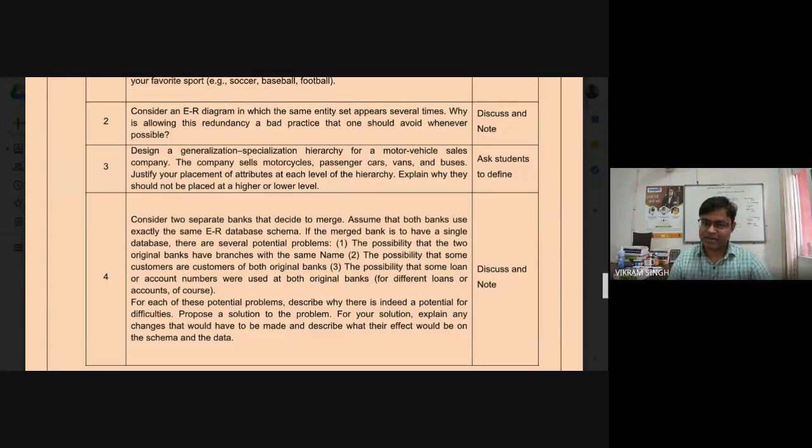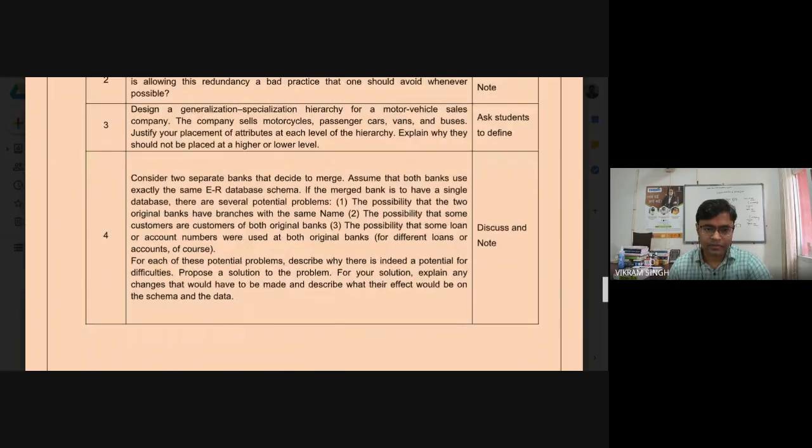So in case of generalization you have to create a new entity in upper level, right? In the higher level, and few attributes you can migrate to the upper level, something like that. So ये आप कर सकते हैं. It is a basically practice based question.